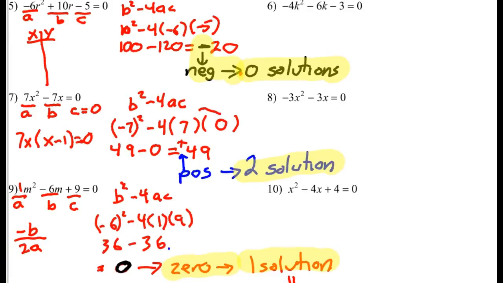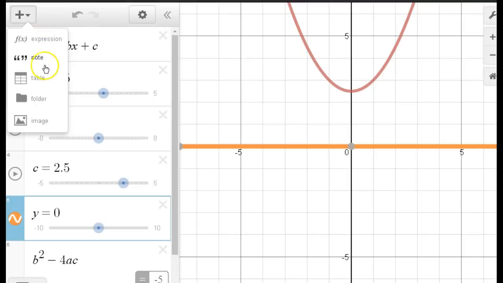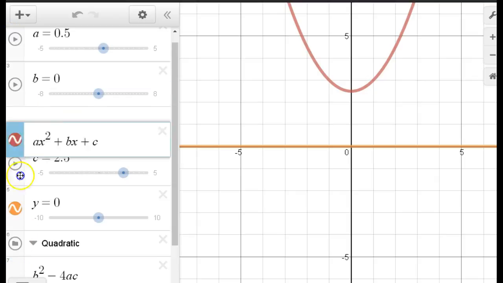Okay, let's go back to Desmos and let's add a folder. Let's call that Quadratics. Okay, just gonna put all these in here.